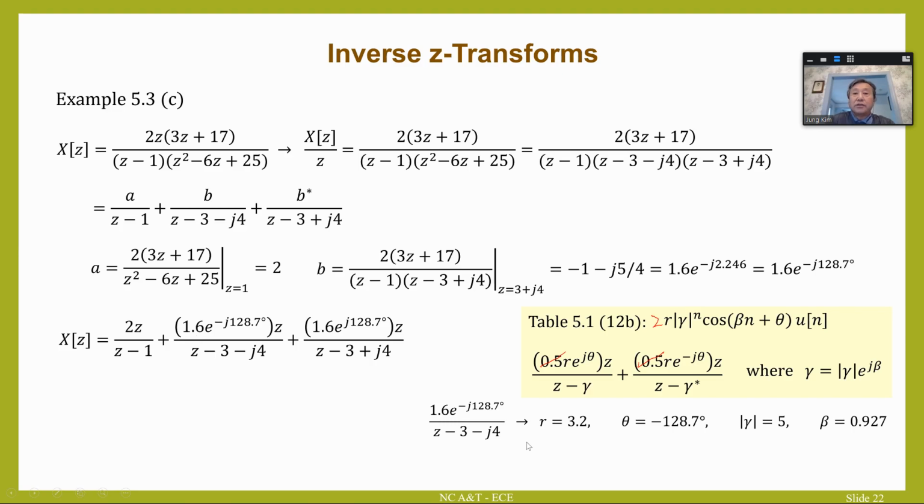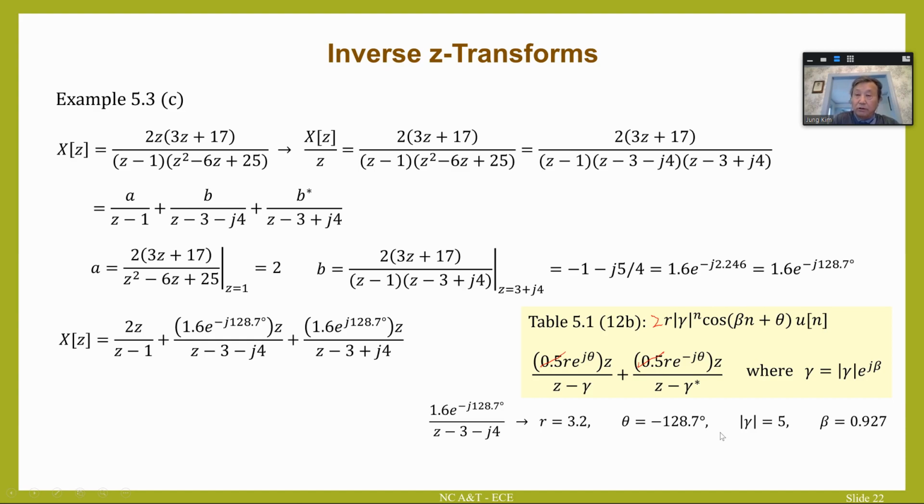So in this case R is 3.2. If you're using this table, then 3.2, and theta is minus 128.7 degrees, and the gamma magnitude is 5.